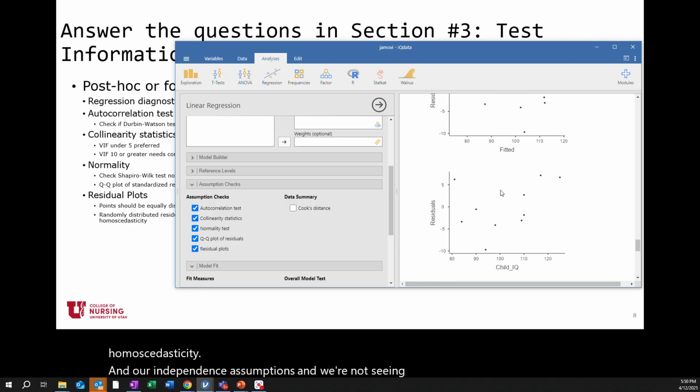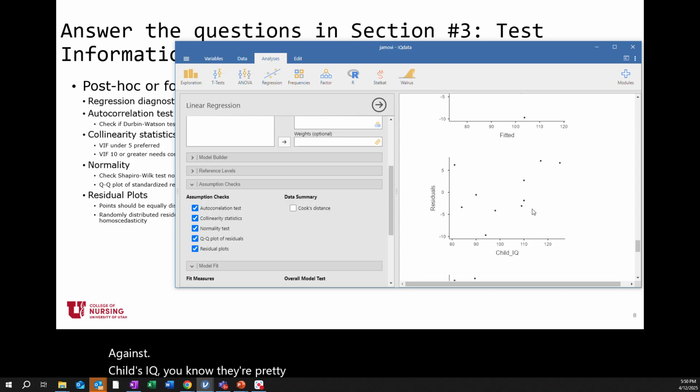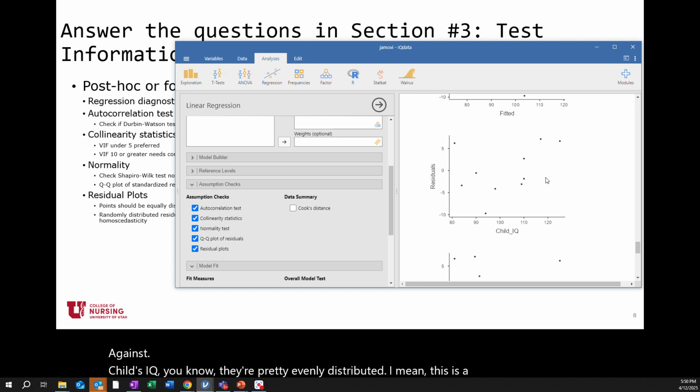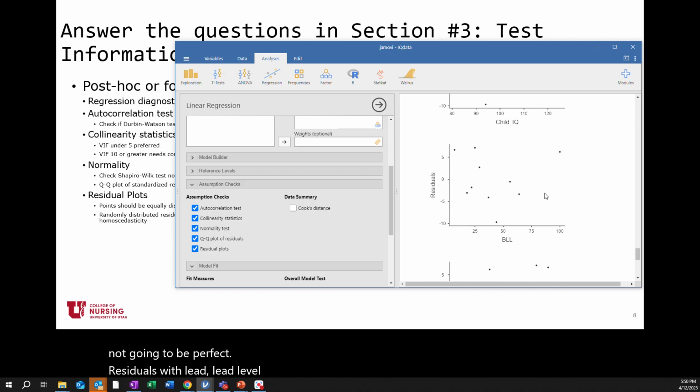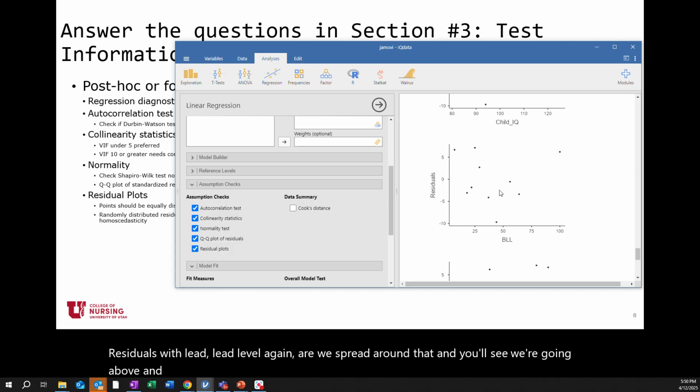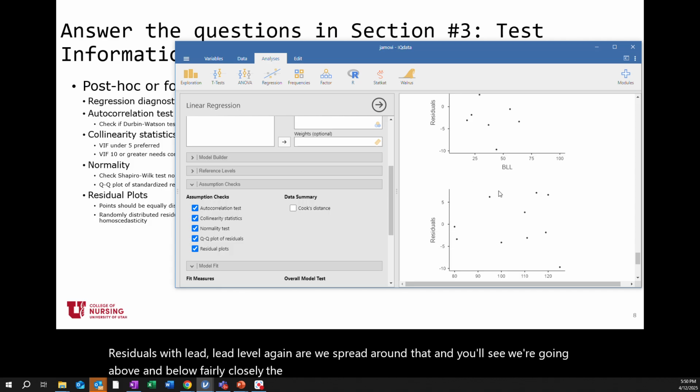So then we have our residuals against child's IQ. They're pretty evenly distributed. This is a small data set, so it's not going to be perfect. Residuals with lead level, again, are we spread around that? You'll see we're going above and below fairly closely similar amounts.